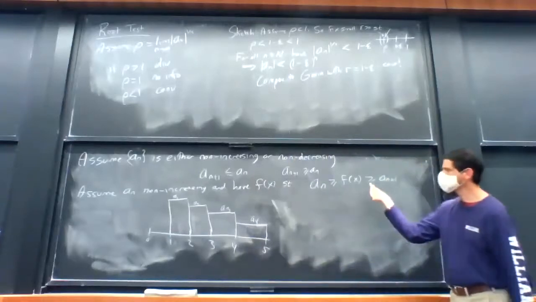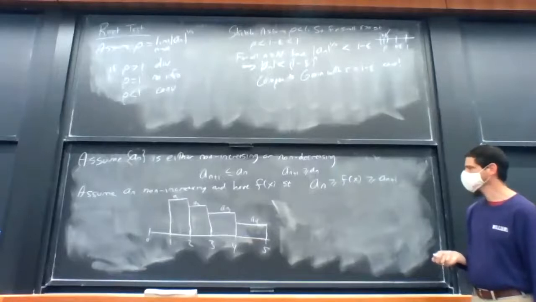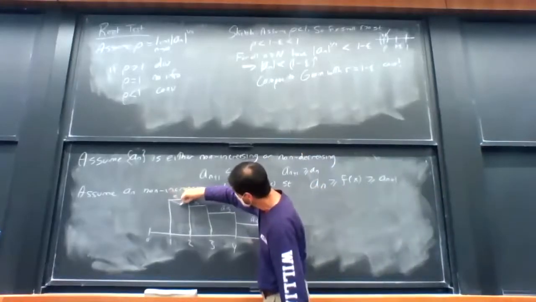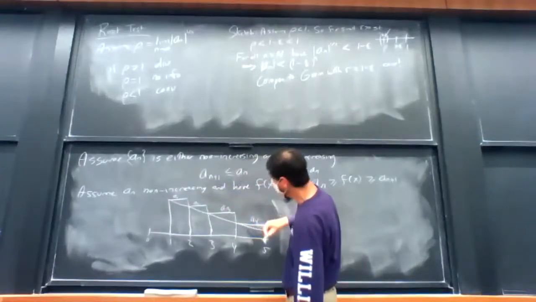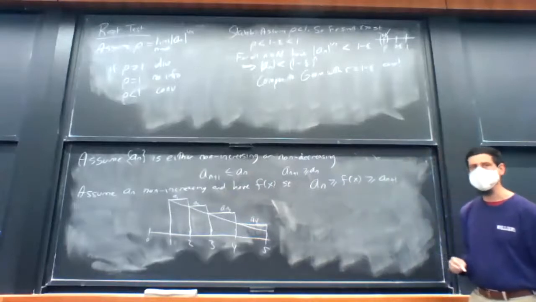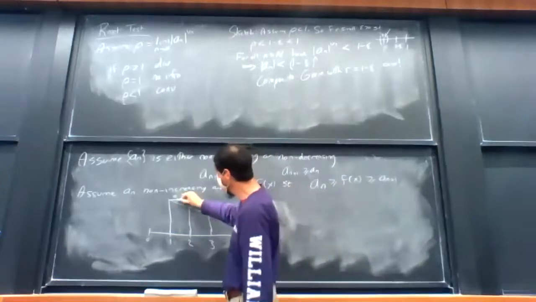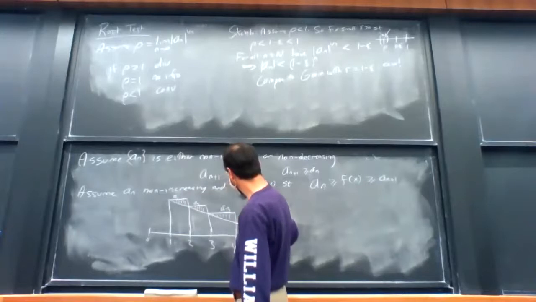And because my function is sandwiched between a_n and a_(n+1), it looks something like this. If you look at the integral under f, the area under the curve, it's clearly going to be less than all of this.